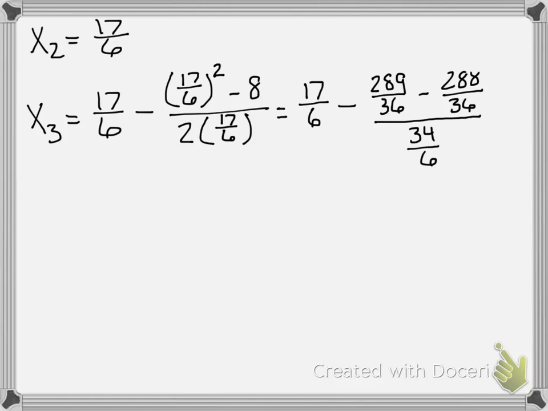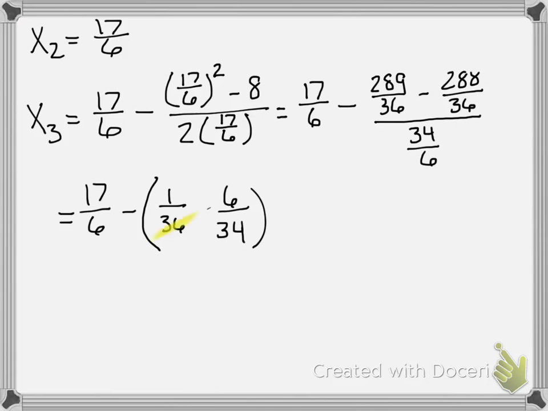Alright, so whenever we mess with that and do our calculations, we get 17 over 6 minus, whenever we have our fractions, 1 over 36 times 6 over 34.